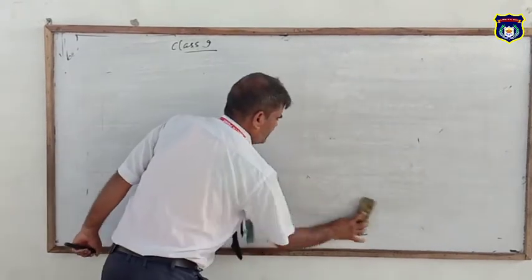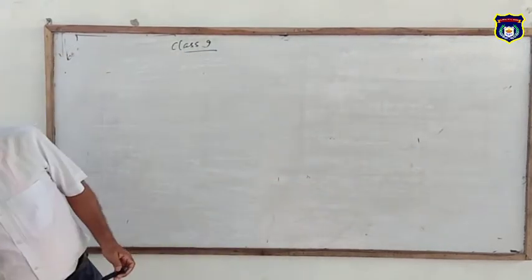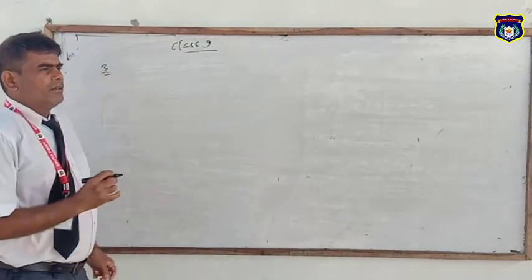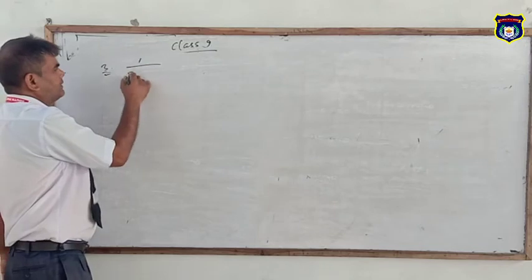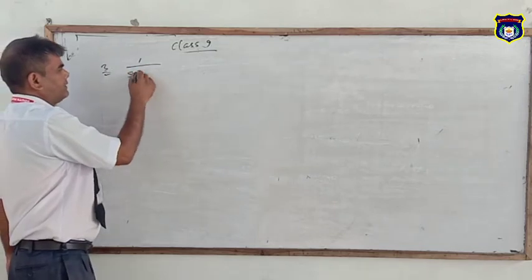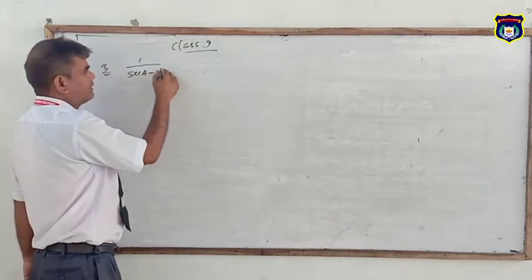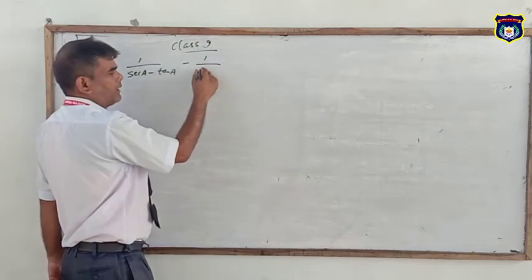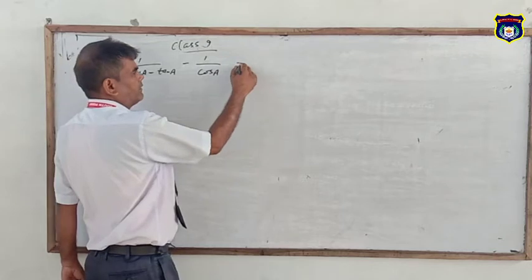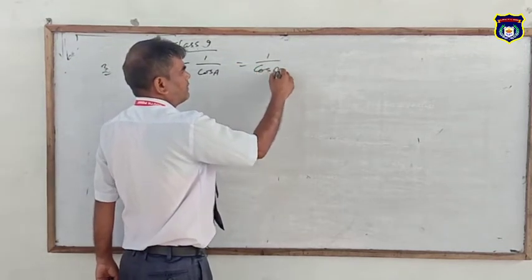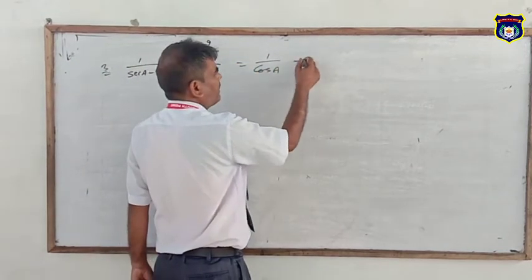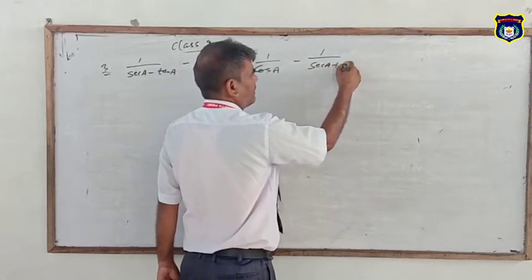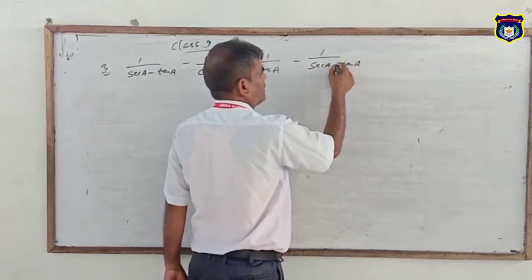Next question is 1 by (sec A minus tan A) minus 1 by cos A is equal to 1 by cos A minus 1 by (sec A plus tan A).